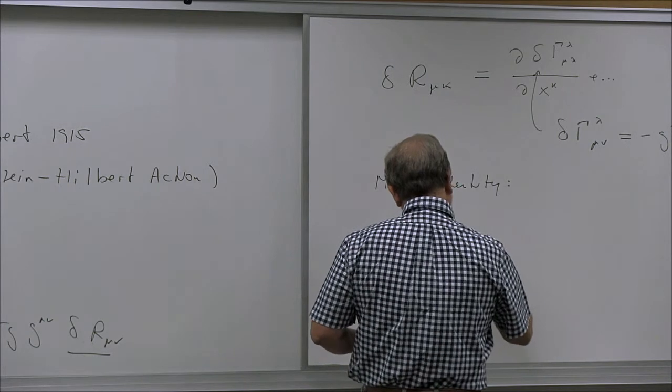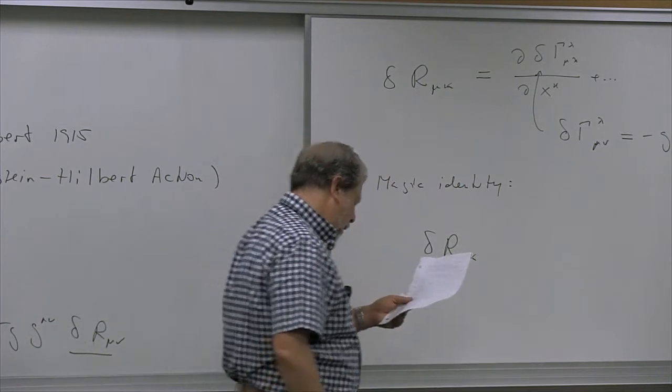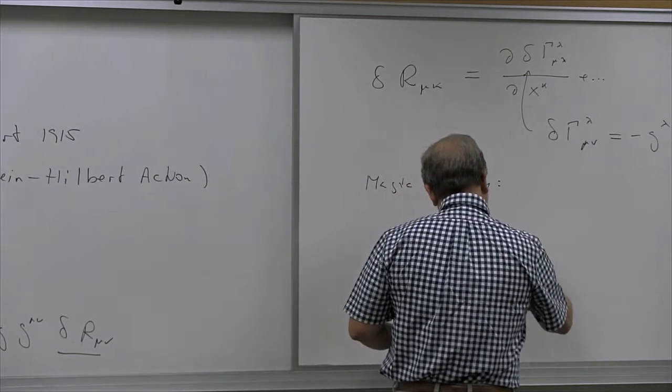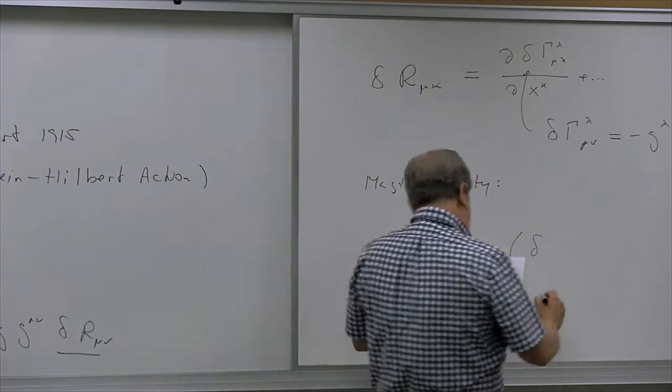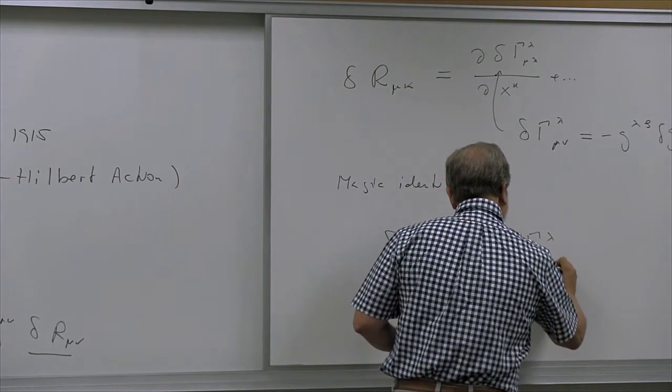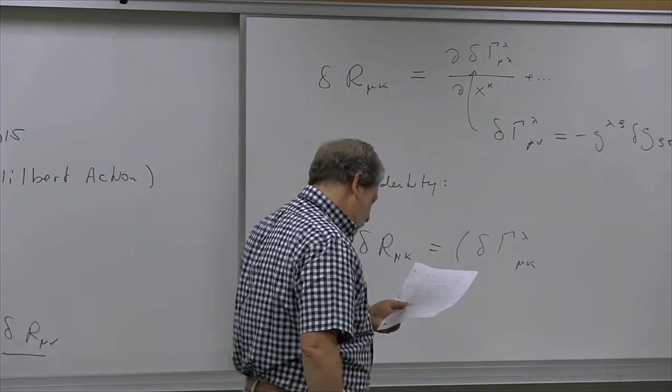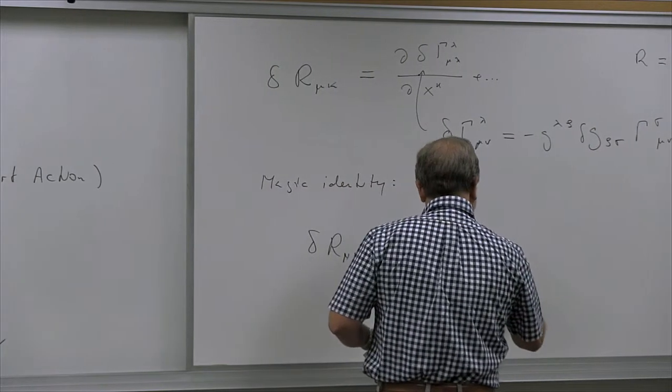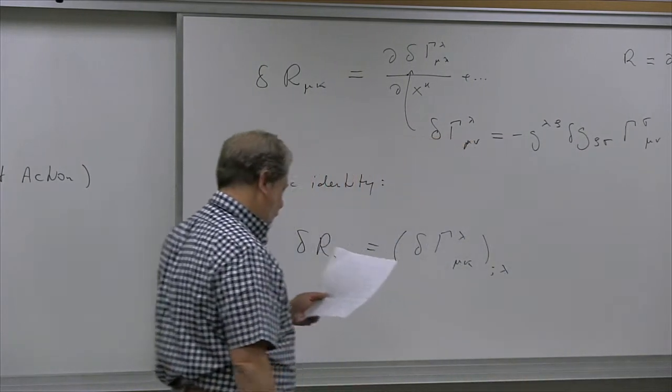And so we write delta R mu k is equal to the variation of gamma lambda mu k, and then semicolon, that is covariant derivative with respect to lambda.